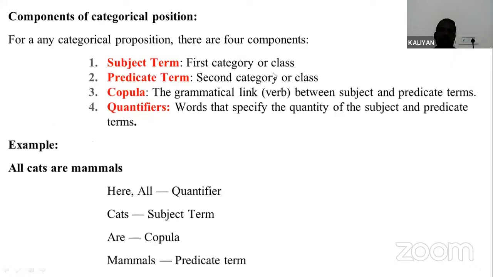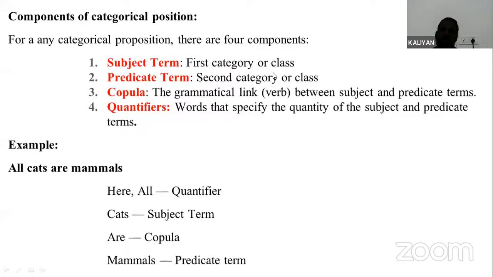Next is the components of the categorical proposition, very important. Please give attention to this topic. In a categorical proposition there are four components: the subject term, the predicate term, the copula and the quantifier. The subject term is the first term, and the predicate term is the second category or class.